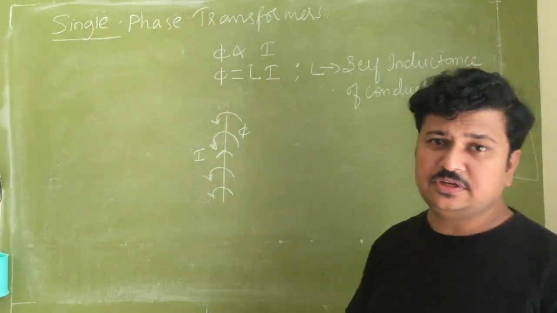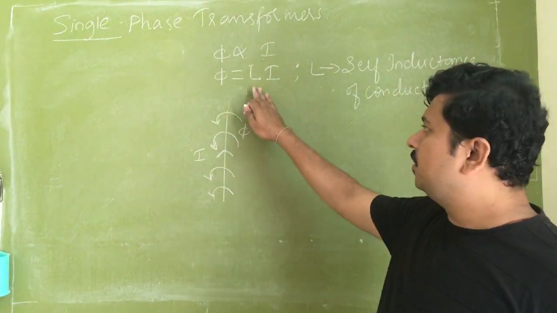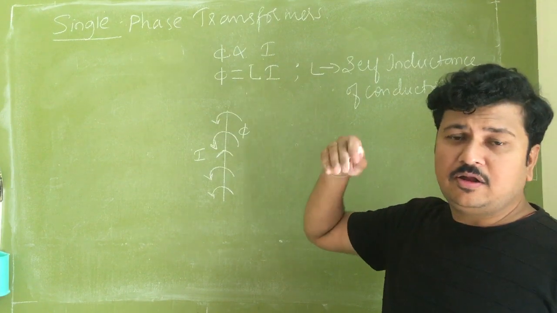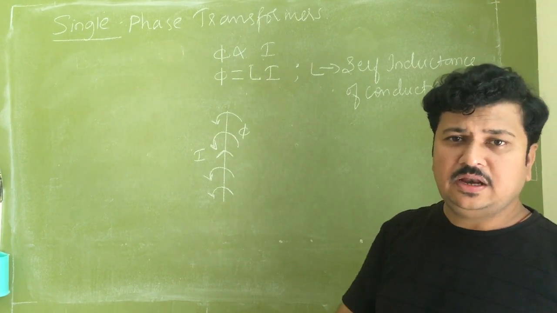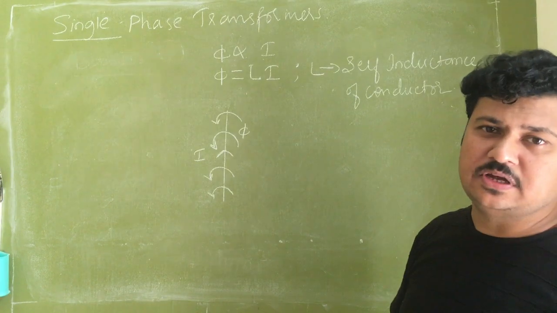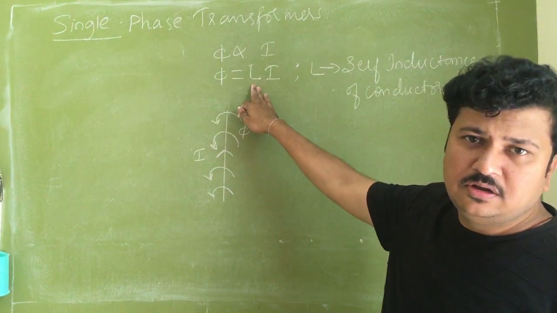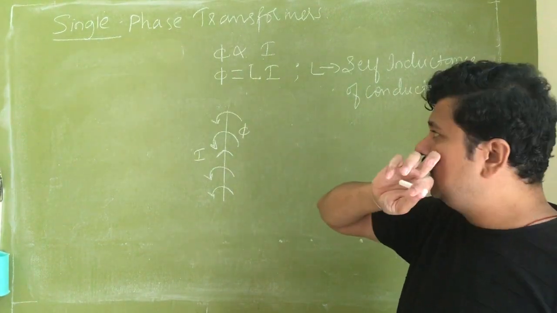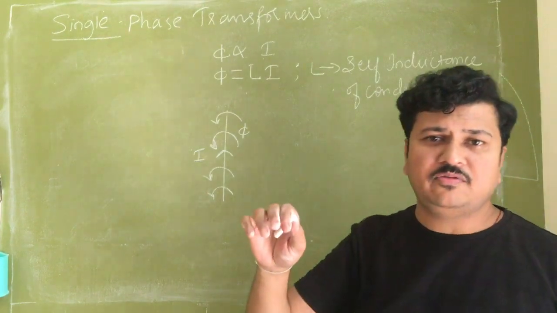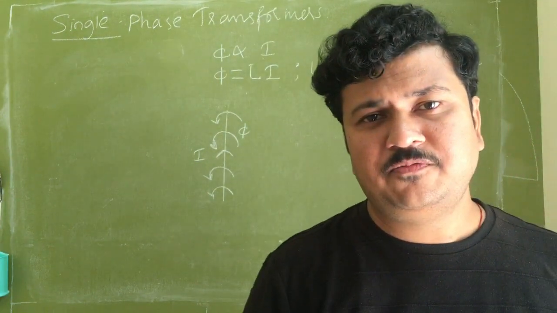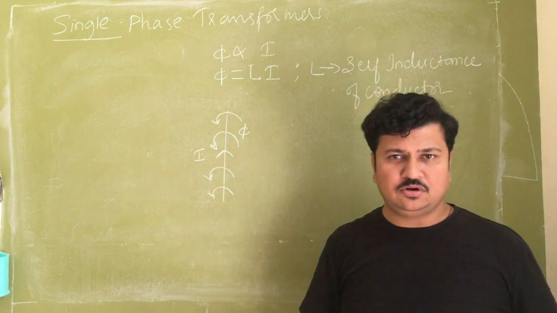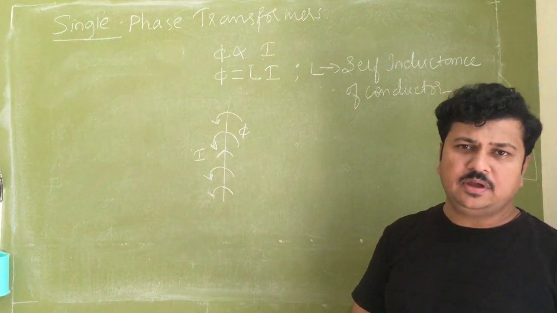Not exactly the definition of inductance, but it is the property by which a conductor or a coil, when it carries current, can produce a flux. If inductance is not there, it won't create a flux. So inductance is the fundamental quality of my electromagnet. If the inductance of that wire is 0, then that wire cannot form any electromagnet.